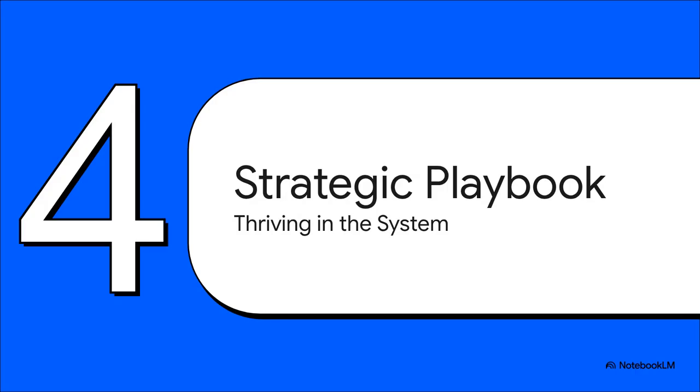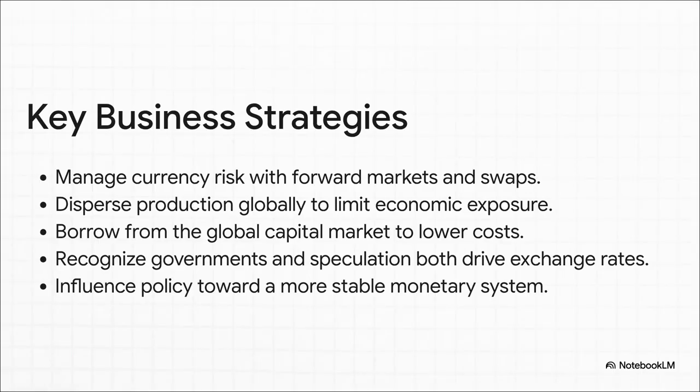So, given all of this complexity and all of this risk, how can a business actually thrive? Well, the answer really lies in having a deliberate, strategic playbook. So here are the key takeaways for any international manager. First, you absolutely have to manage your currency risks proactively using tools like those forward contracts.